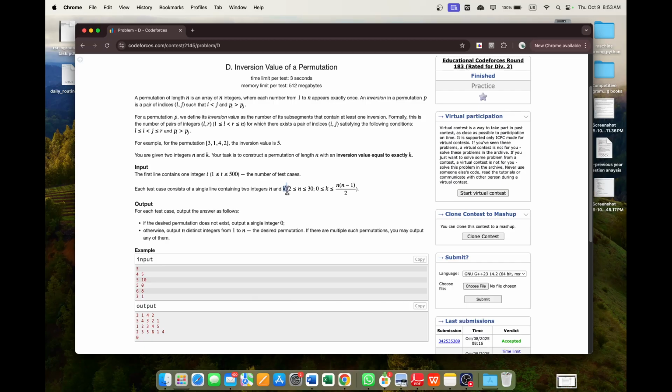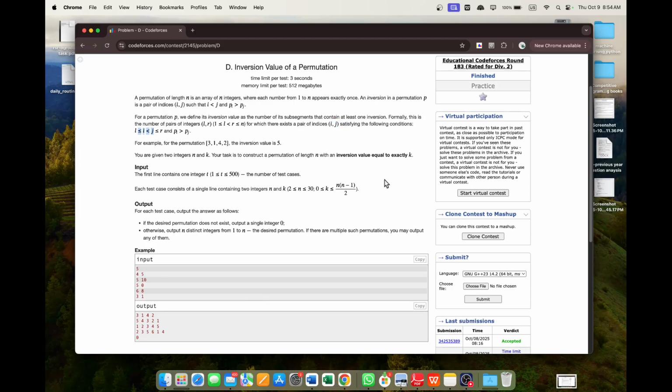K represents the number of subarrays where at least one such pair is present, where let's say i, j is a pair of elements. So this condition will be fulfilled, meaning that you may have one big element on the left and another small element on the right. Here, i should always be less than j, and p_i is greater than p_j.